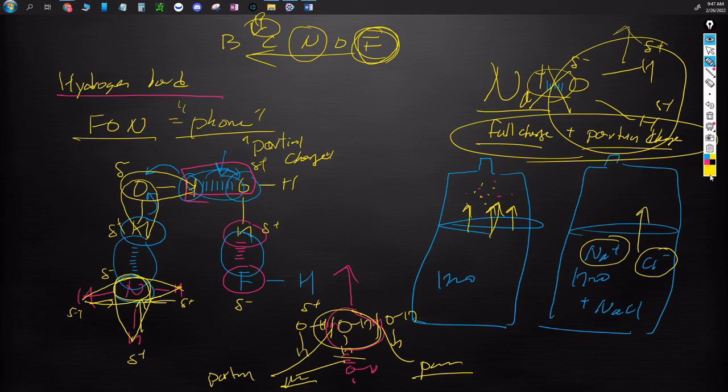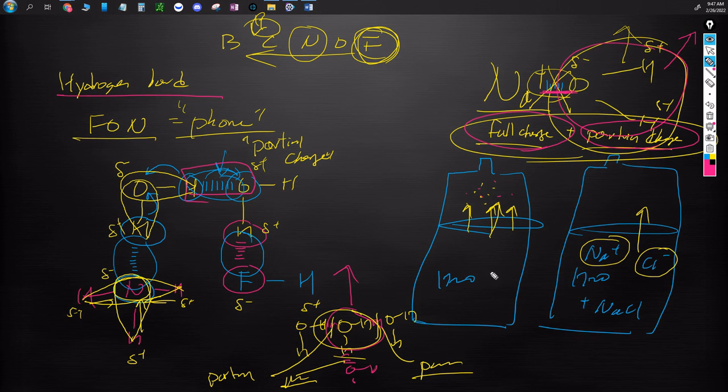Once again, going back: because we have a full charge with the sodium ion and a partial charge with the water, the interaction between the two is greater than partial to partial. Because this interaction is greater, the water has a difficult time coming out of it.